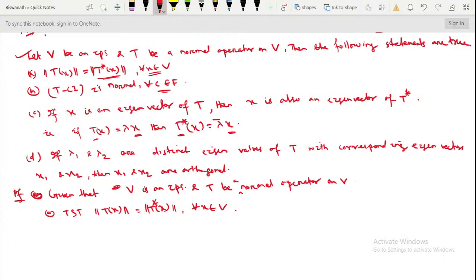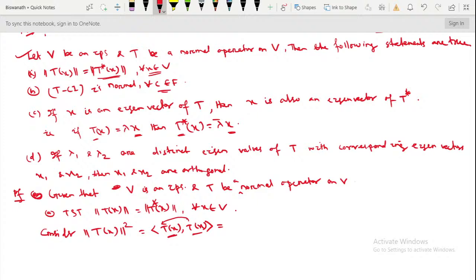So how will I prove it? Now consider the norm of Tx squared. What will be the norm of Tx squared? This is nothing but the inner product of Tx with Tx itself. This is your first vector, this is your second vector, and this is the inner product of two vectors.